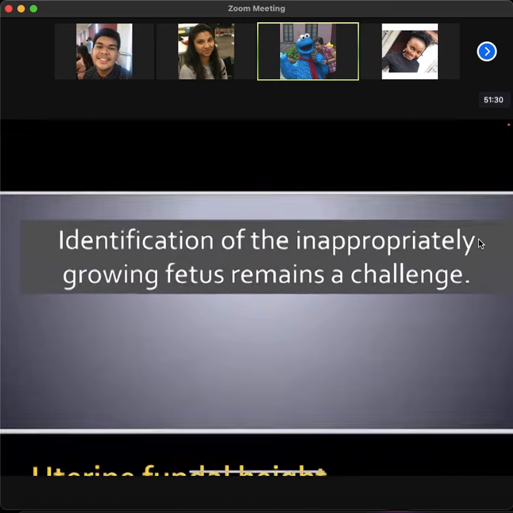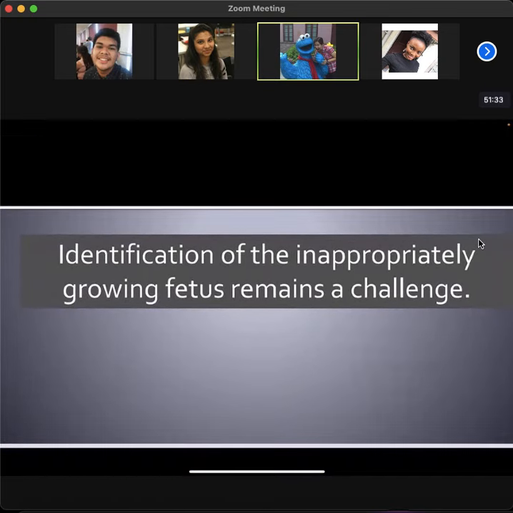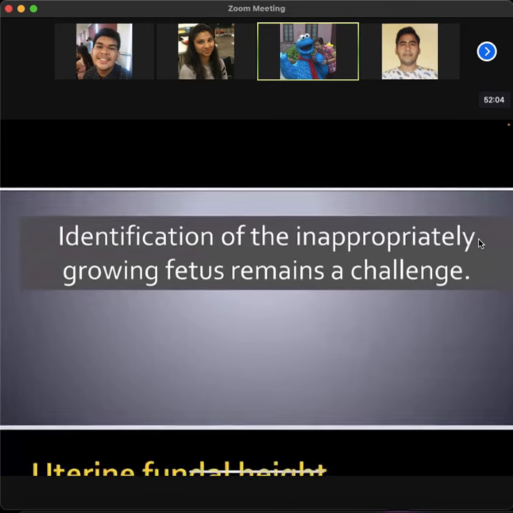However, despite that, identification of inappropriately growing fetus remains a challenge, especially in our country because not all women are educated or taught. Not all are aware of their normal menstruation. Even their last menstrual period, it's so hard to get from them.